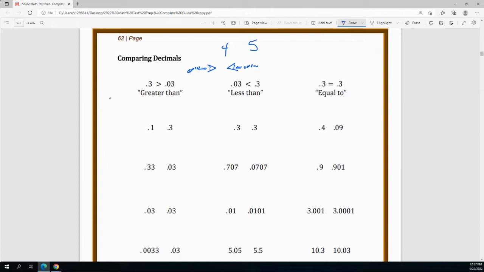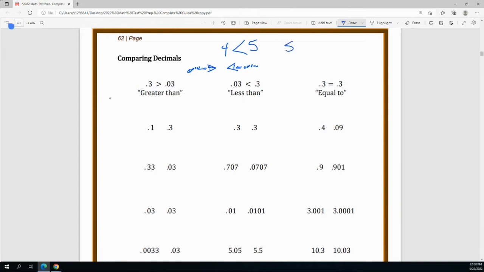The opening side, the side where it looks like it has a mouth, that's the direction that the bigger number is in. So if I look at 4 and 5, I would put the symbol opening towards the 5, because that tells me that the 5 is bigger than the 4.